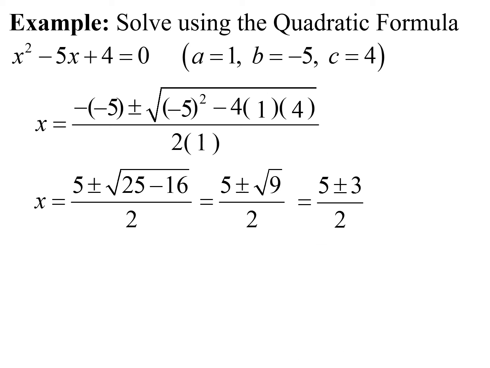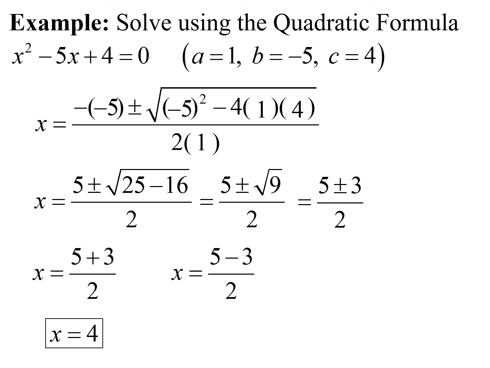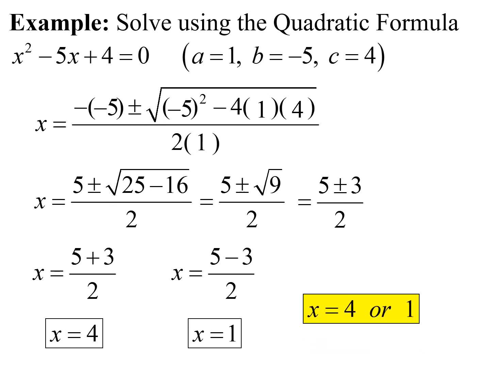So now we have two different options. We have 5 plus 3 over 2, and we have 5 minus 3 over 2. So 5 plus 3 is 8, divided by 2 is 4, and then 5 minus 3 is 2, divided by 2 is 1. So we have two possibilities, just like with our other quadratics. One of them is 4, the other one is 1.